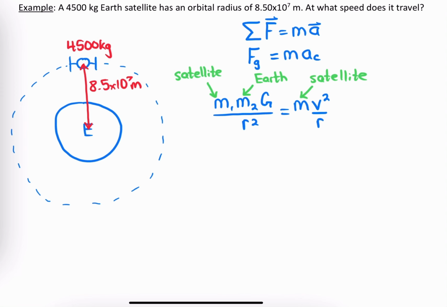So what that means is, because I've got the satellite's mass over here and the satellite's mass over there, I could cancel them both out. And it turns out I don't actually need the satellite's mass to solve this problem. But I have it, so for this example, I'll just plug it in anyway. But note that I wouldn't need to. Okay, so what I'm trying to find here is the speed of this satellite, or v.